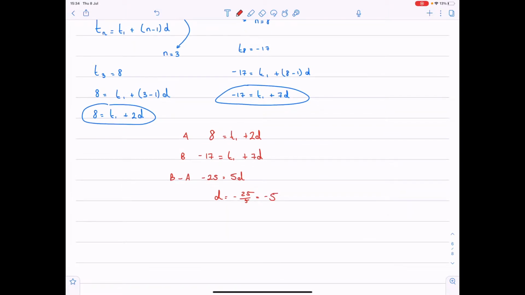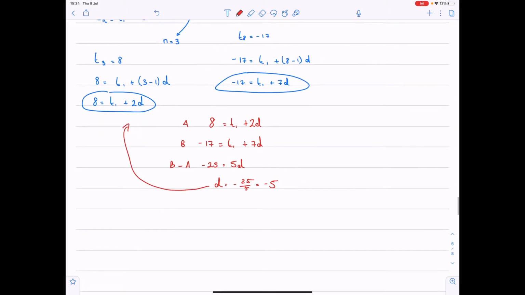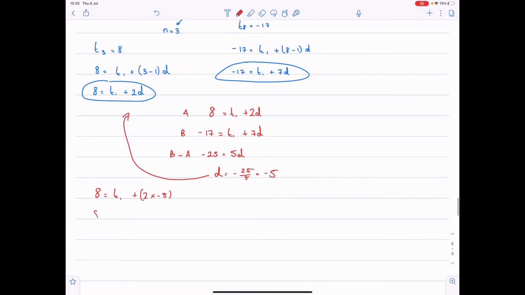Then all we have to do is substitute this back into one of these original equations. So here we have 8 is equal to T1 plus 2 times minus 5, which we've just worked out is d. So 8 is equal to T1 plus minus 10, which is just minus 10. So T1 is equal to 18.